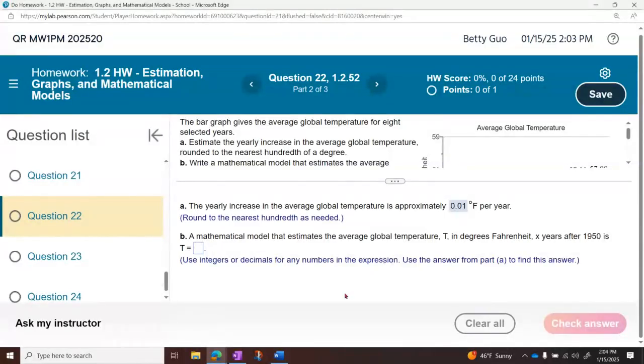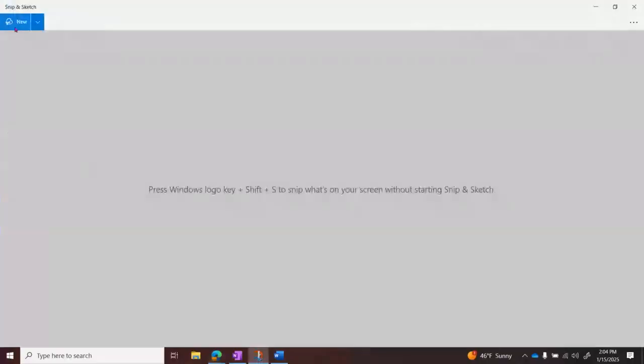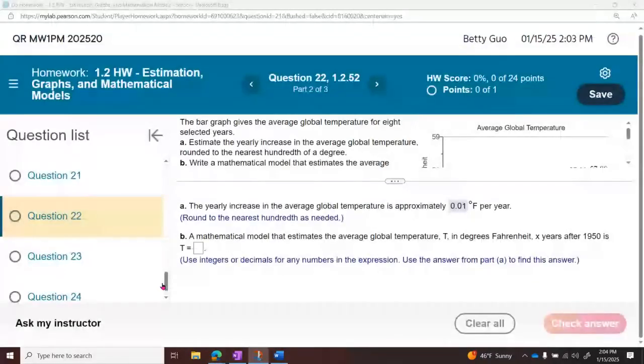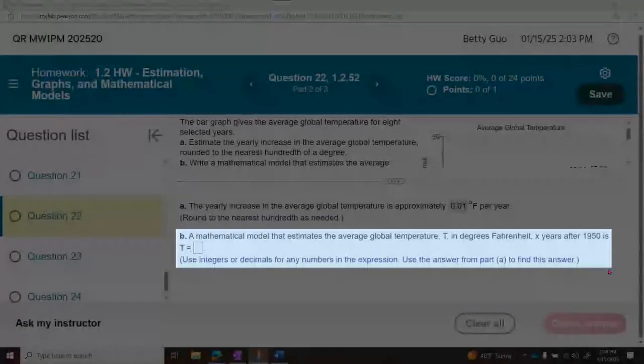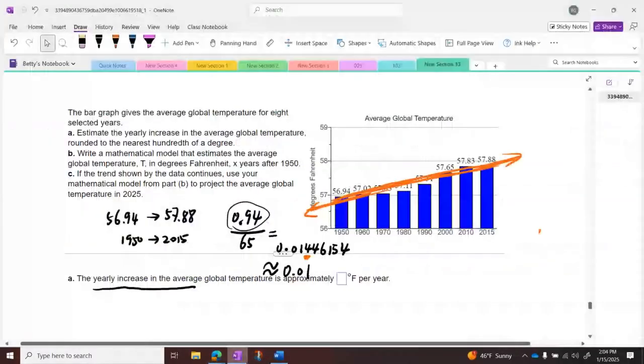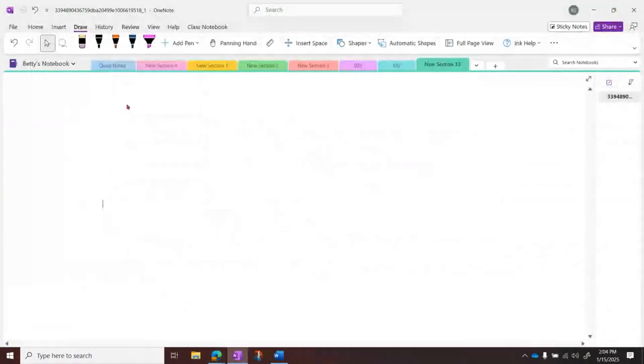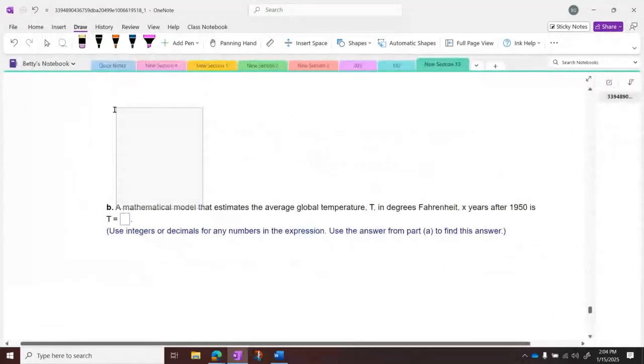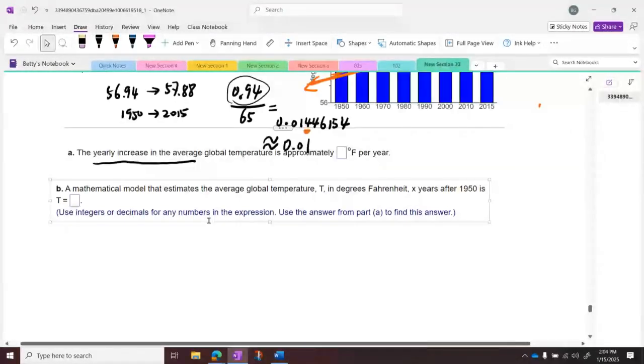Now let's look at the second part. The second part is about the modeling.